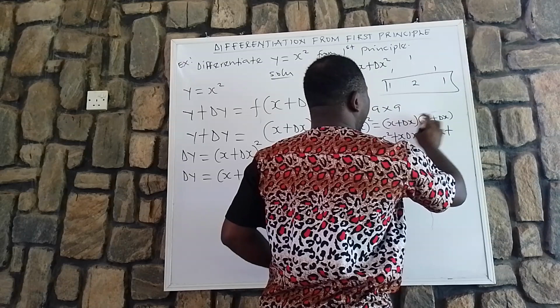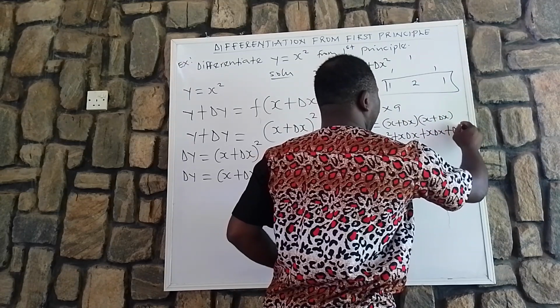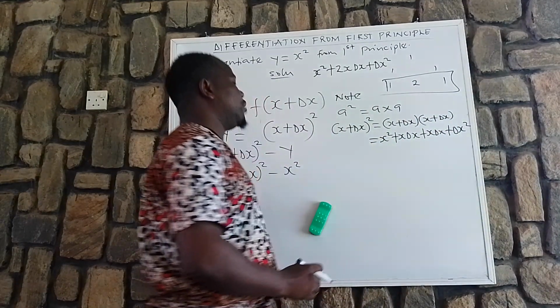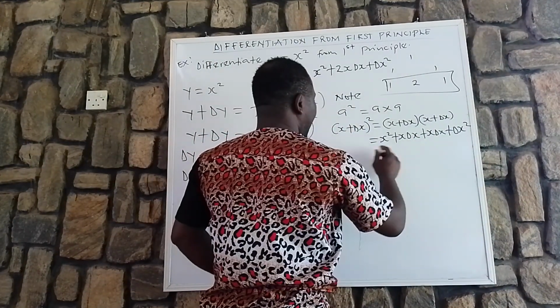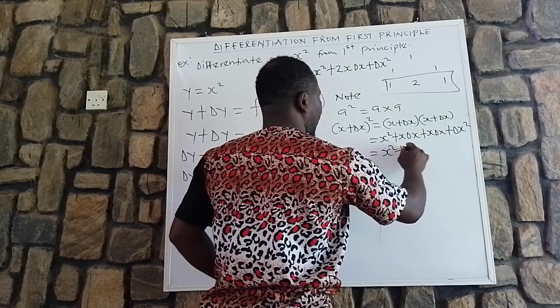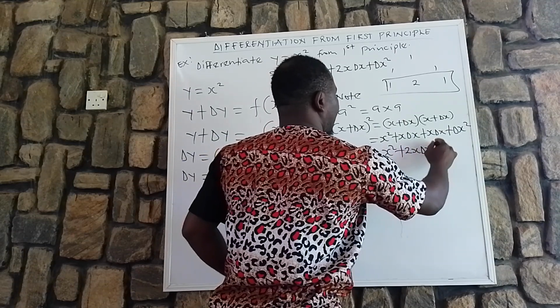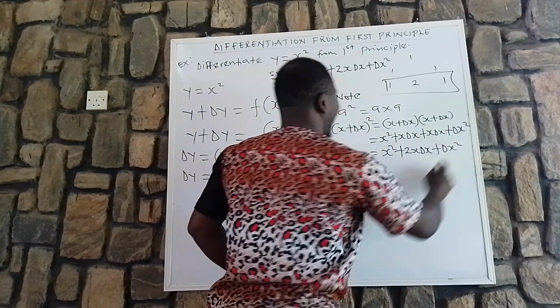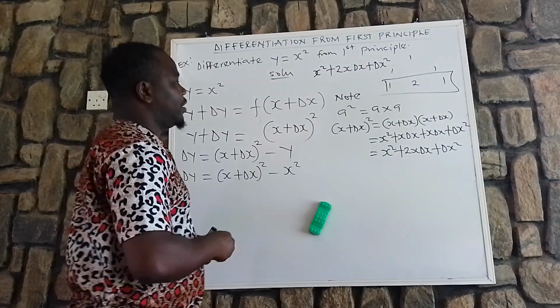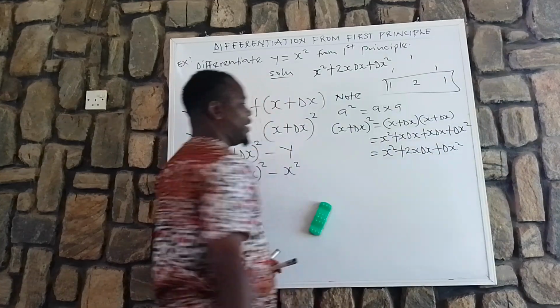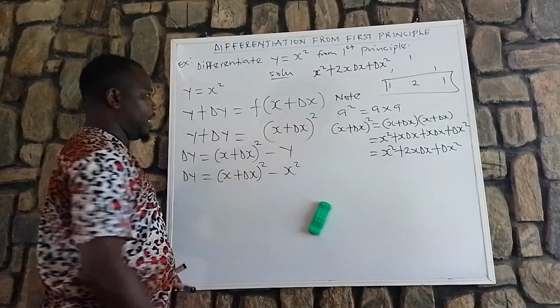Then plus dx times dx, it will give us dx squared. We can add these to give us x squared plus 2x dx plus dx squared. So with the help of Pascal's triangle, all these ones you are wasting your time. But for the sake of everybody, it's good.